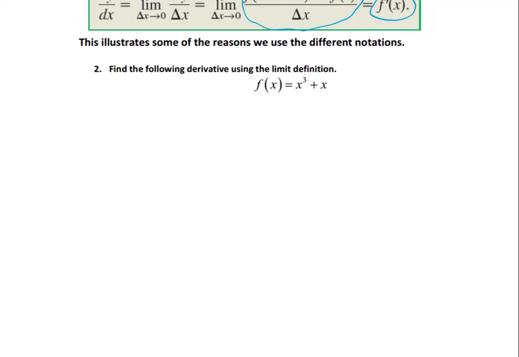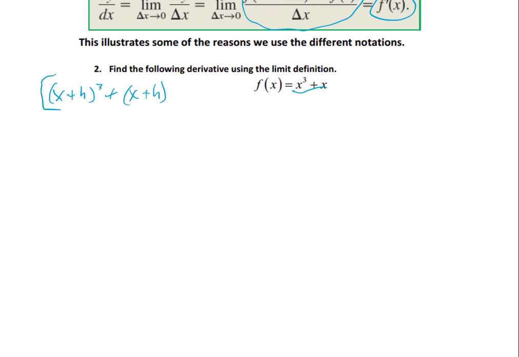Let's use the definition of derivative to find the derivative of this function right here. Now I'm looking at my function. It's x cubed plus x. That means every place I see an x, I'm going to put x plus h. I'm not going to write the delta x version just because it's harder to write, especially online. So I'm going to put x plus h cubed plus x plus h.